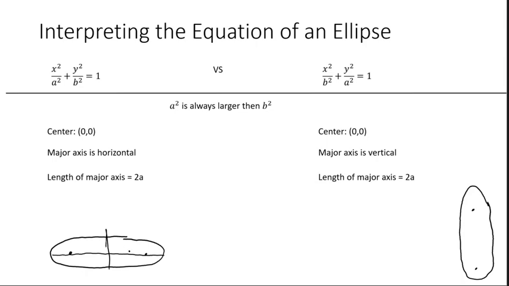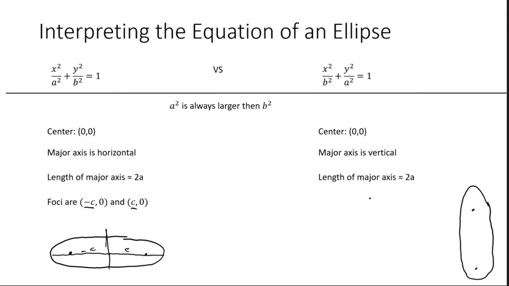So you're adding some number, we'll call that c, to the right, and then we have to subtract c to get to the left. So c is going to be the distance from the center to a focus. All right, so the x value is changing, so it's going to be negative c and positive c. The y value is staying the same. It's not going up or down at all.